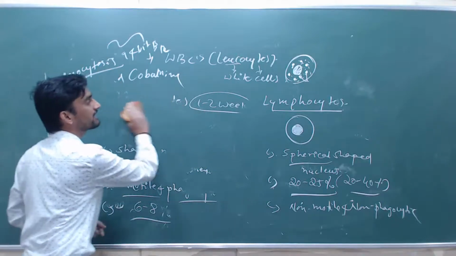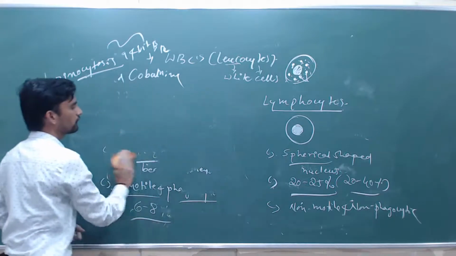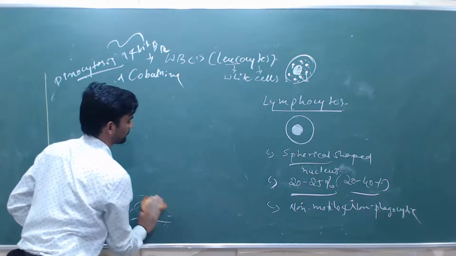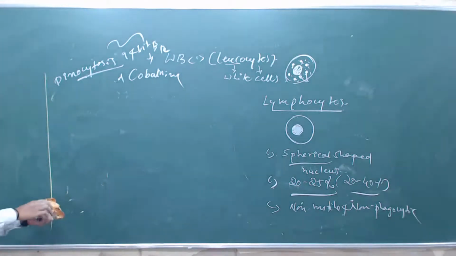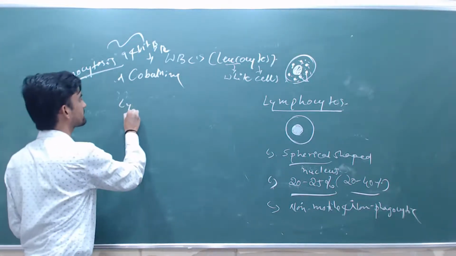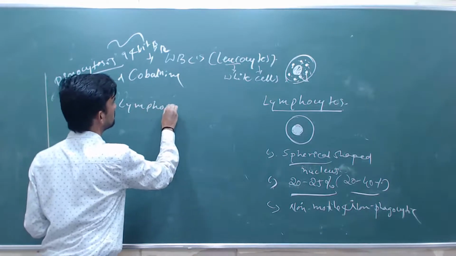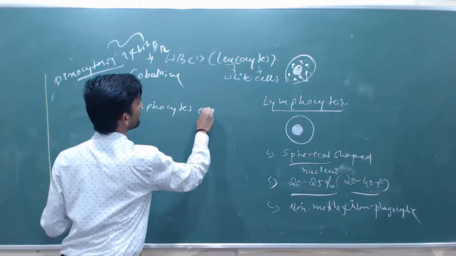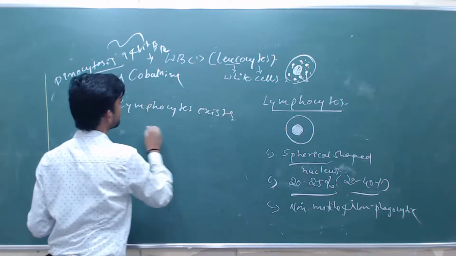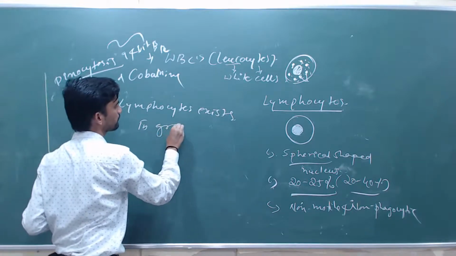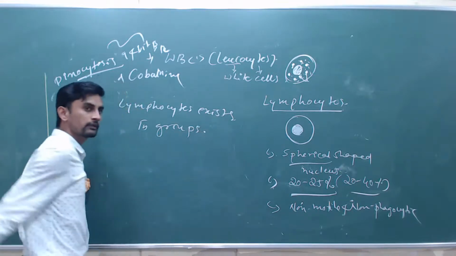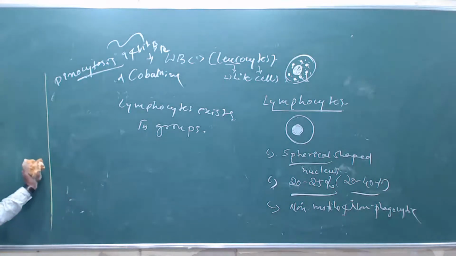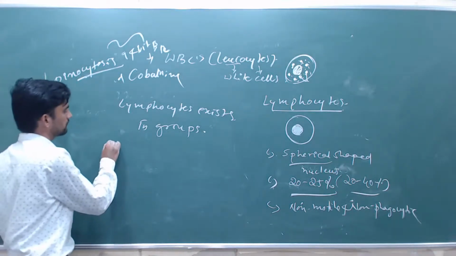So here lymphocytes are majorly present in two groups. Lymphocytes exist in two groups.